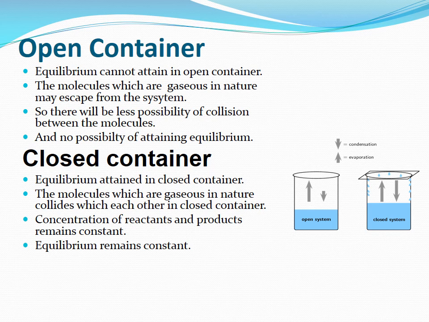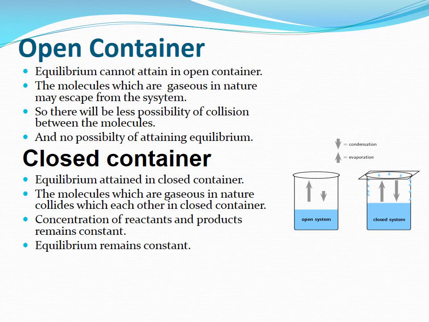So it means there is collision of molecules, and the molecules which are gaseous in nature collide with each other in the closed container, and the concentrations of reactants and products remain constant. Why are these constant?